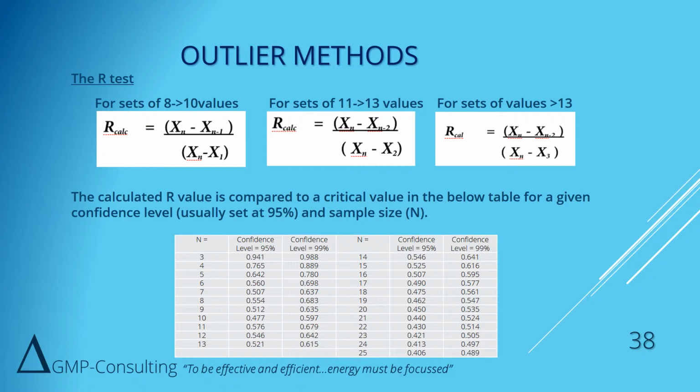In this example, using the R test, again you find for the sample size of 4, the 95% confidence critical value is 0.765, which is greater than the calculated value of 0.55, so the result is again not an outlier.